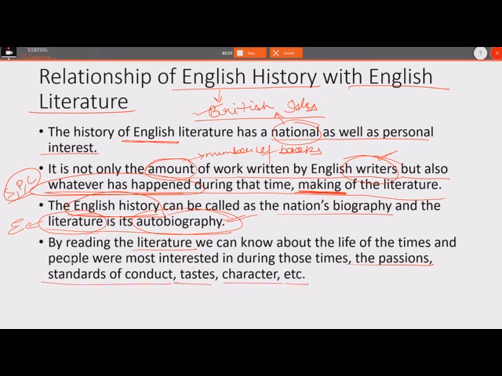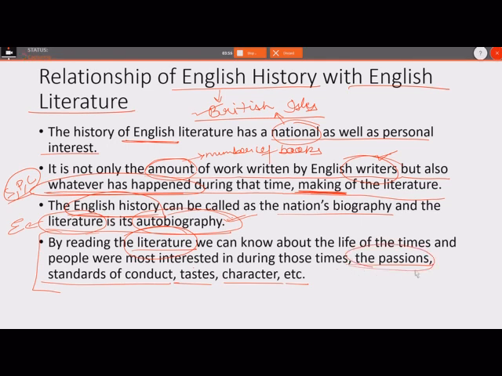So, when we talk about English history, we talk about a lot of social changes that have taken place during that particular time. And in literature, we can know what the writers thought or perceived of those times.